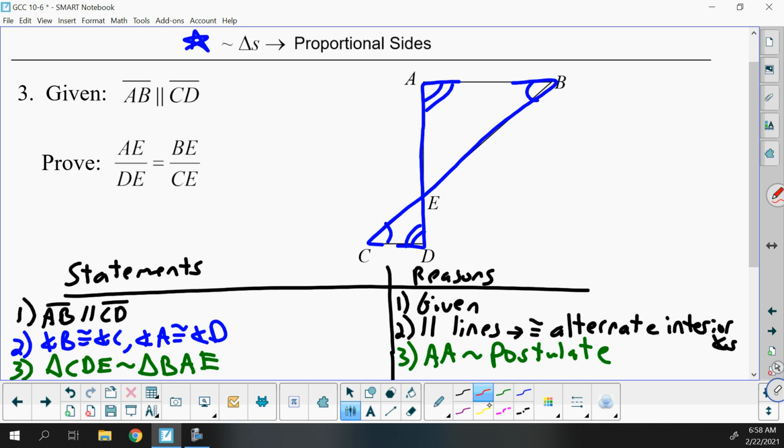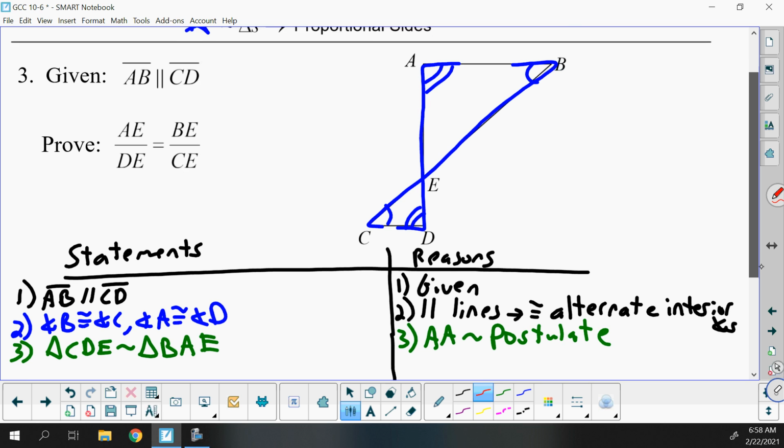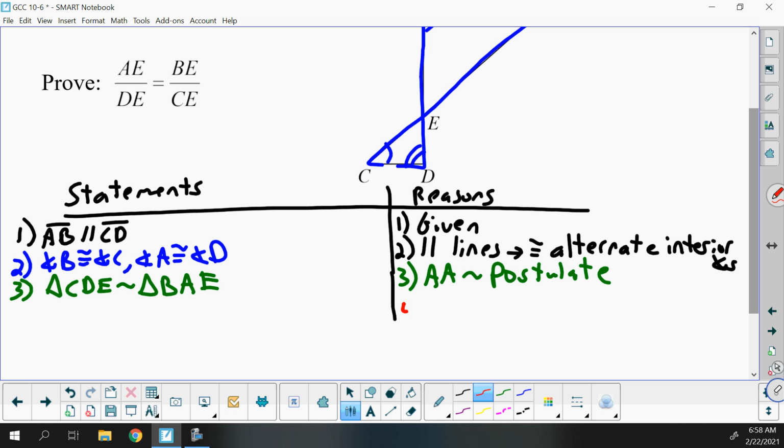We're going to do similar triangles imply proportional sides. And our statement is just the proportion that they wanted for our prove.